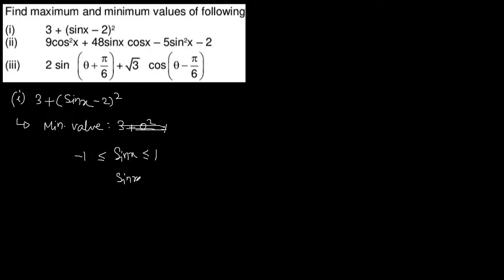Sin x minus 2 is minus 1 to minus 3. If we square sin x minus 2, it will come out to be minus 1 whole square to 3 square, which is 9.